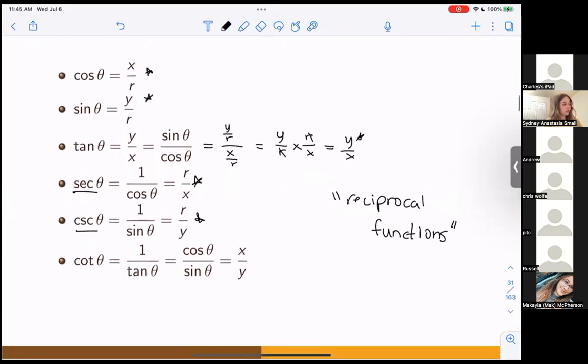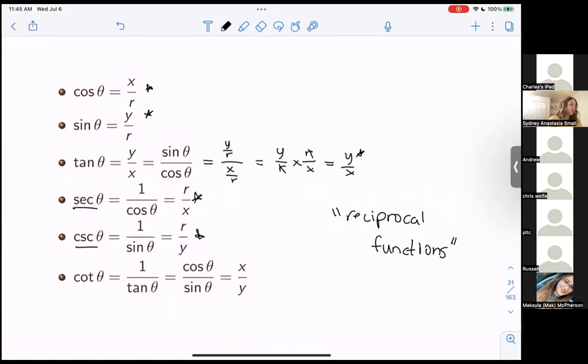And then cotangent is the inverse of tangent. Instead of y over x, instead of looking at the slope, we're looking at x over y. And if we have the information of sine and cosine, instead of doing sine over cosine, you just do cosine over sine. Same idea. Okay, are there any questions on these?